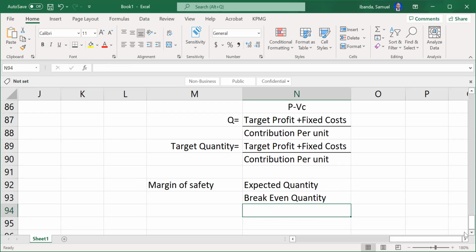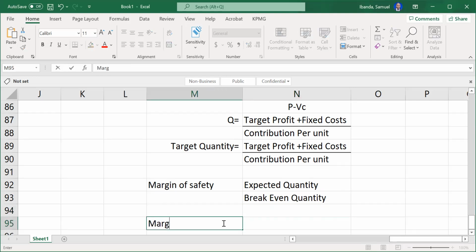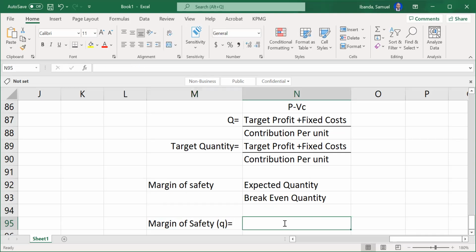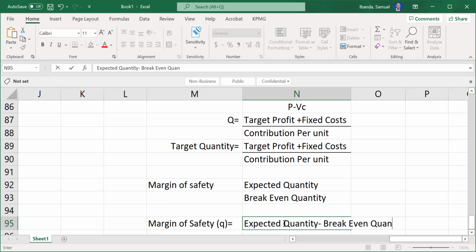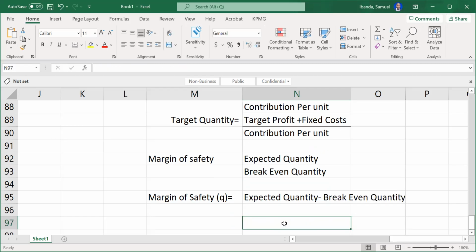So margin of safety, in terms of quantity, is usually given by expected quantity or current output minus the break-even quantity. So that is how the margin of safety formula is written.